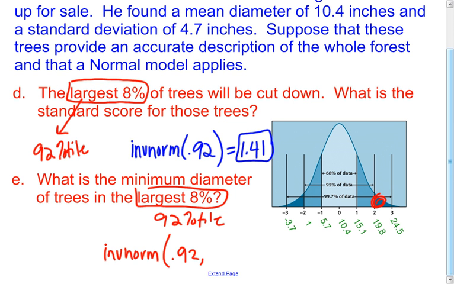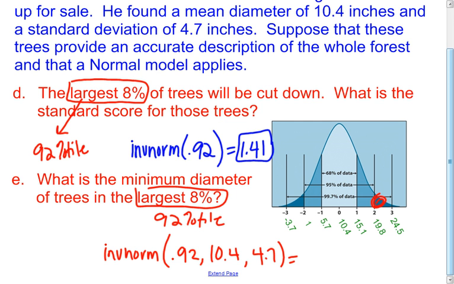And then if I want to get it back to a raw score, if I know the mean and the standard deviation, I can put those in and my calculator will give me a raw score. So if the only thing I put in is a percentile, it'll give me a standard score. But if I put the mean and a standard deviation in there, it will spit out a measurement for me, and it will be the raw score.